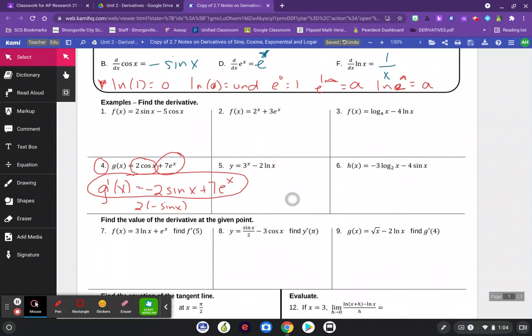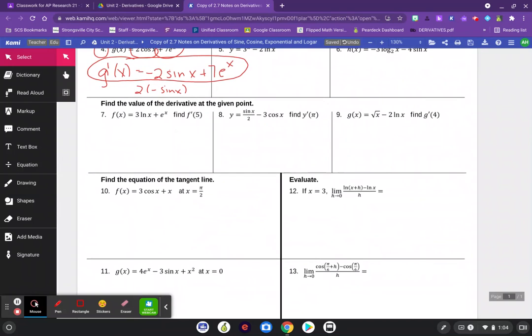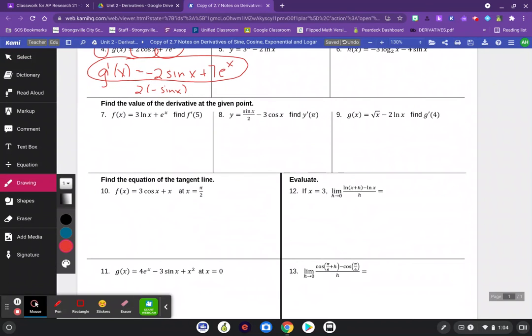Let me do one of these down here. So you got 7, 8, and 9. Something like 7 says find the value of the derivative at a given point. That's fine, I'll do 7. The first thing I would have to do is find the derivative. And the derivative of natural log is 1 over x.